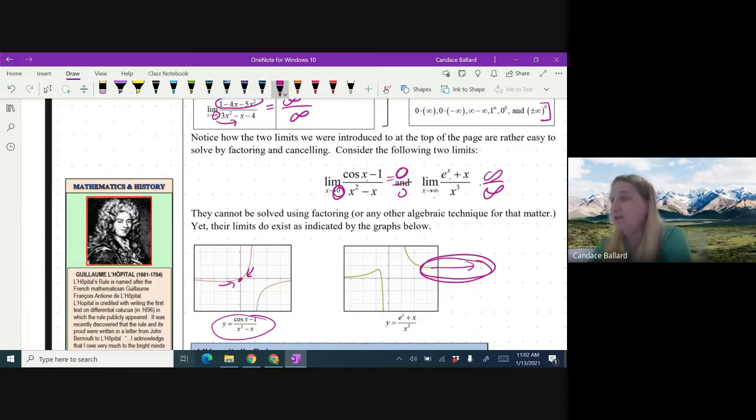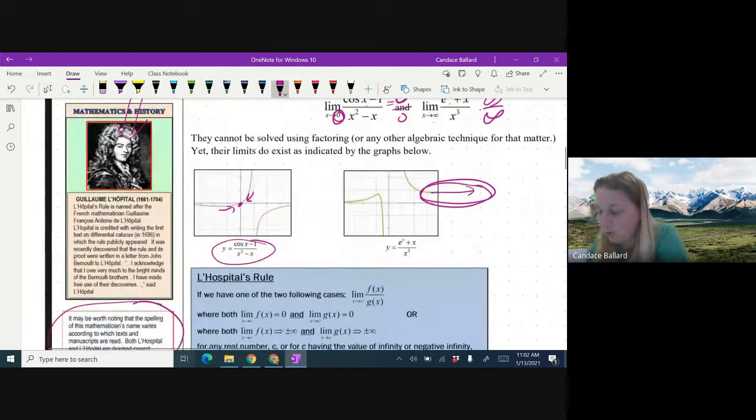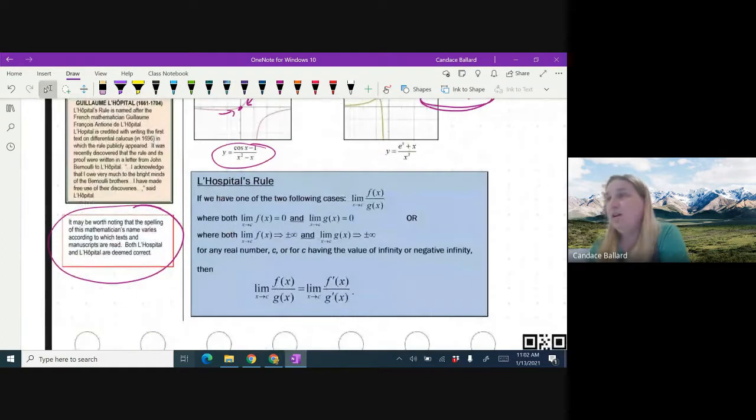So we're going to use good old L'Hopital's rule. This is what L'Hopital looked like. He's credited with discovering this rule. So what L'Hopital's rule is, I've got a function divided by a function, where either both the top and the bottom equal 0, or both equal infinity, when I plug in.